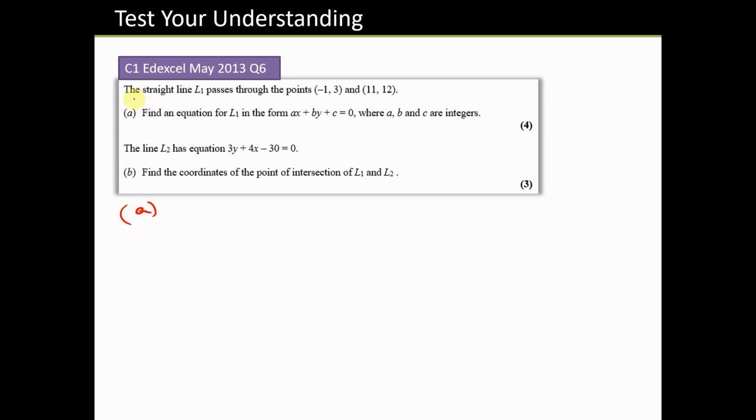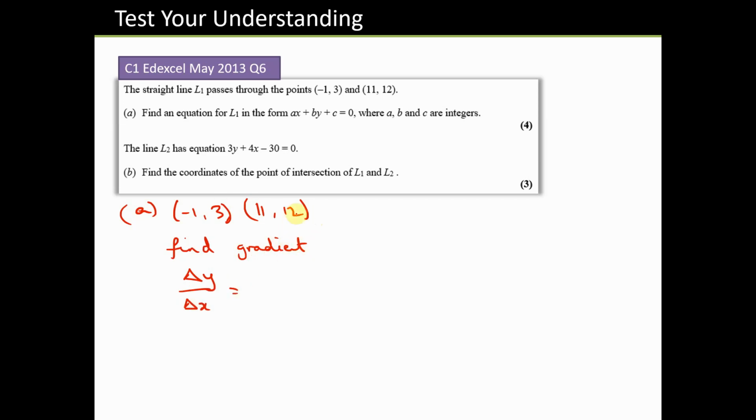So the straight line passes through these 2 points: (-1, 3) and (11, 12). We want to find the equation. What we can do here is first find the gradient, and we know the gradient is the change in y over the change in x.